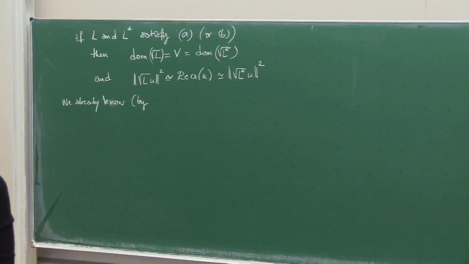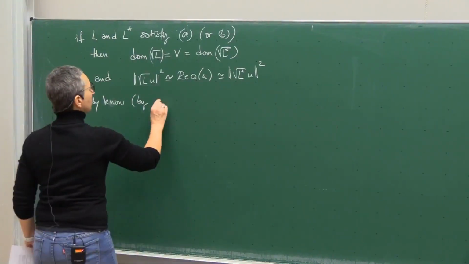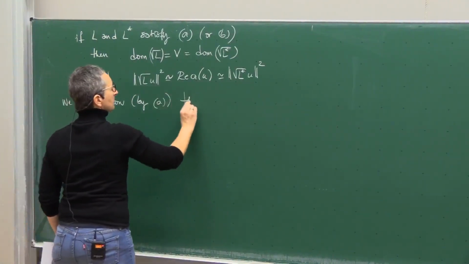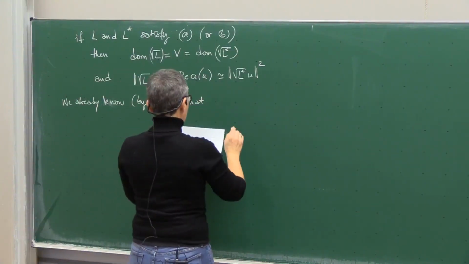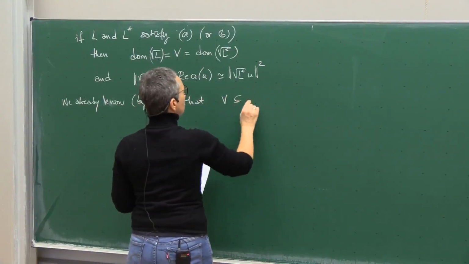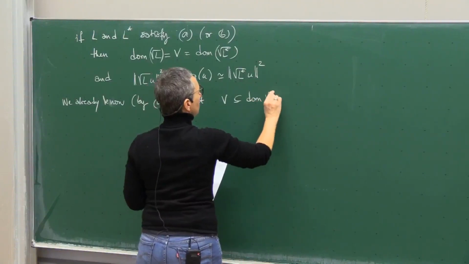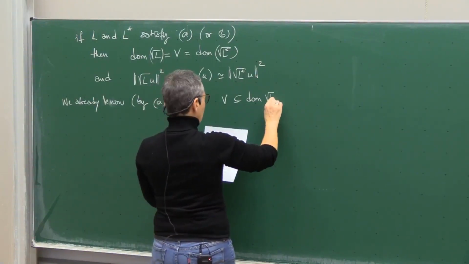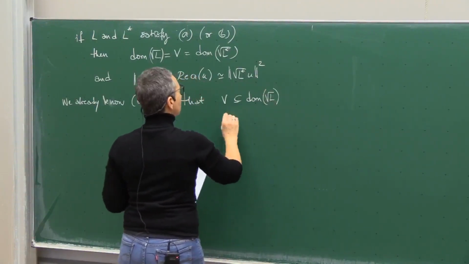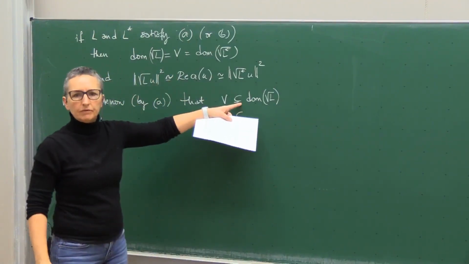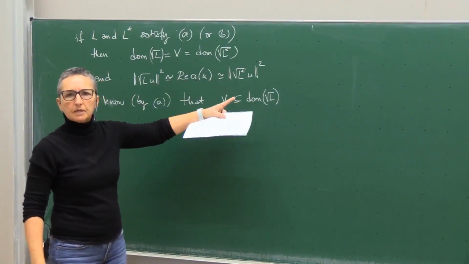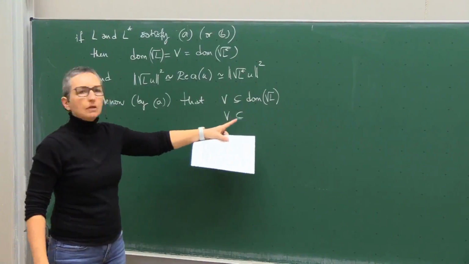Sorry, no, by A. By A, that V is in the domain of the square root of L, and also this is the assumption A for L, and we also have the assumption A for L star.